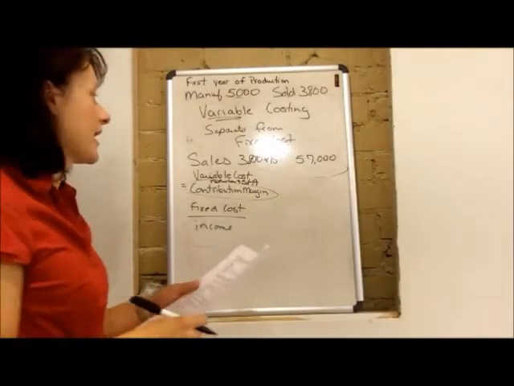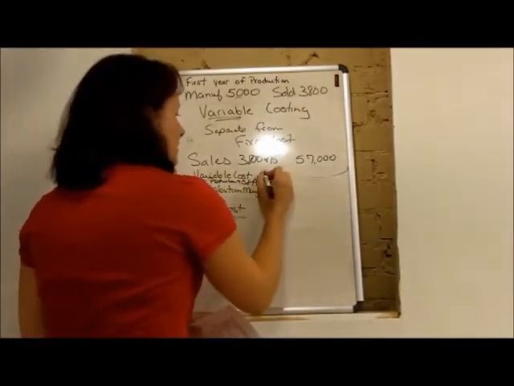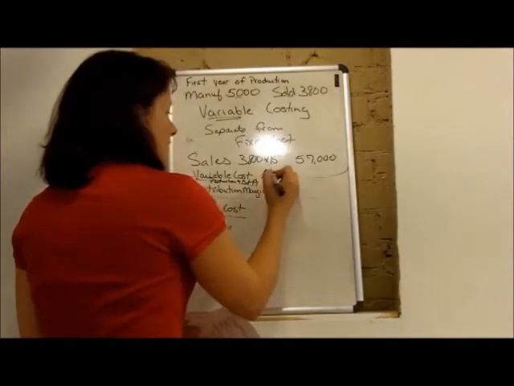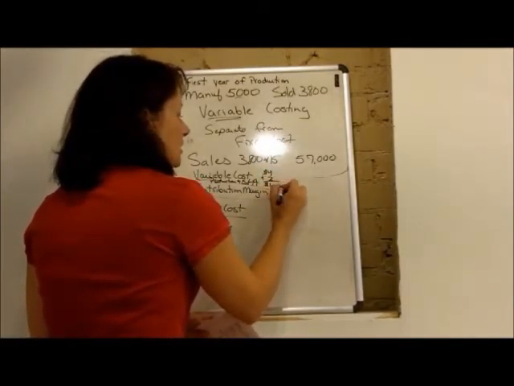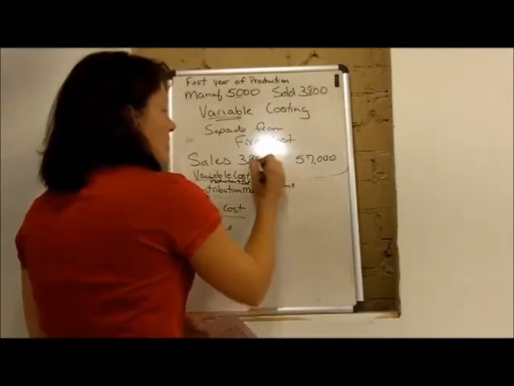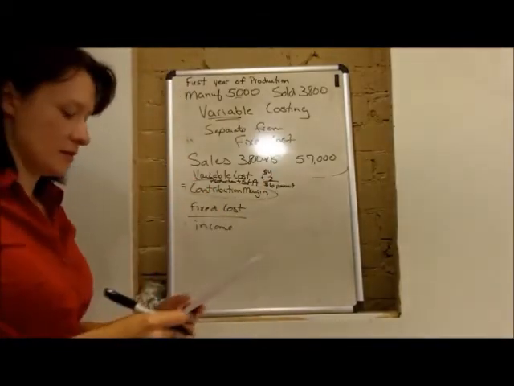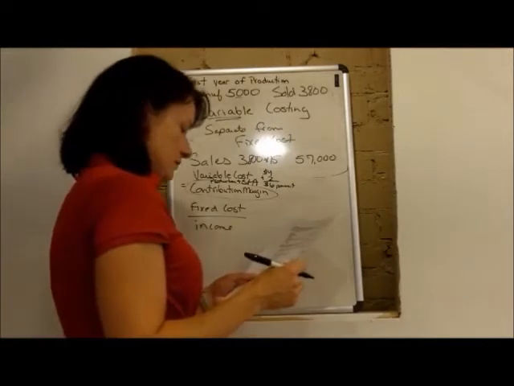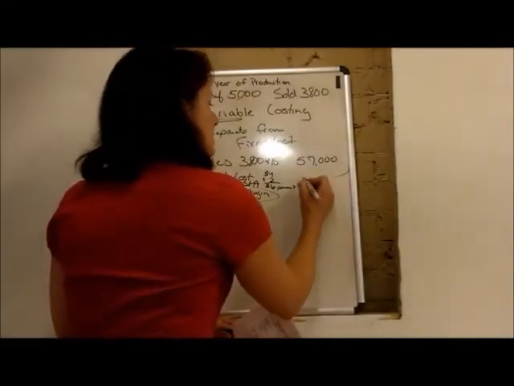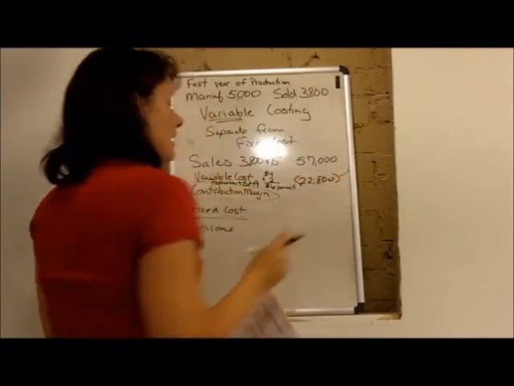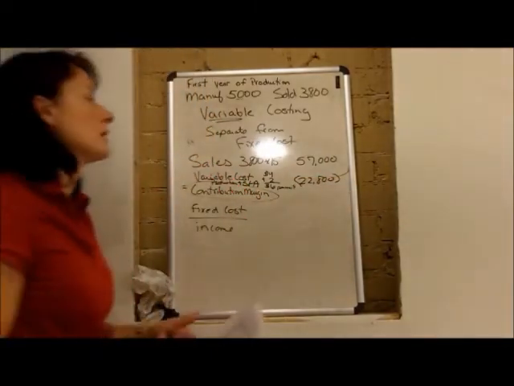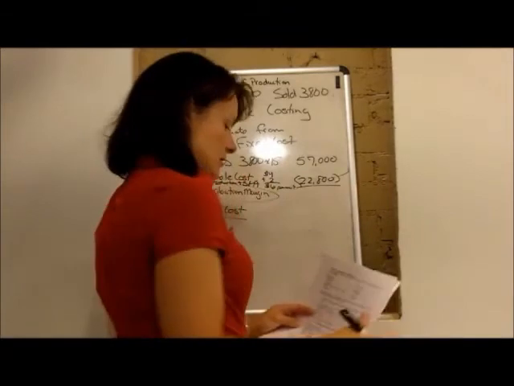So in this case, we had $4 for production plus $2 for SG&A, so $6 per unit. 3,800 units means we'll have a cost of $22,800.